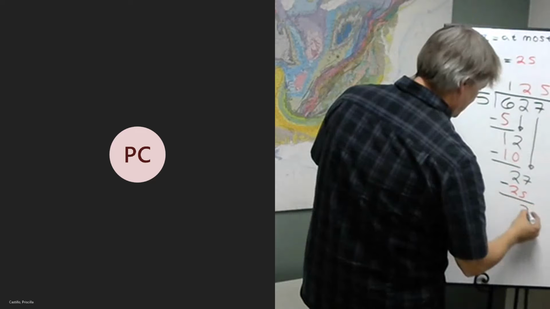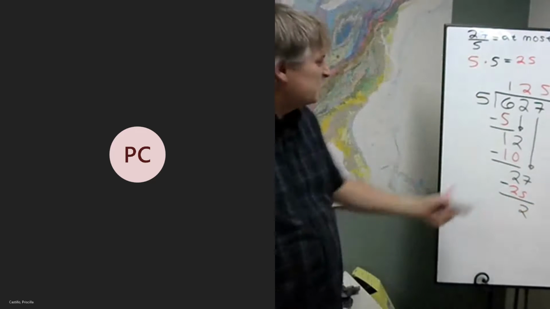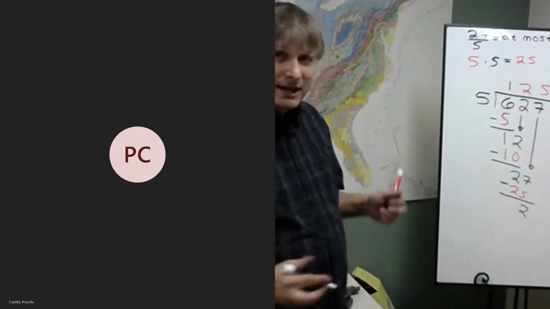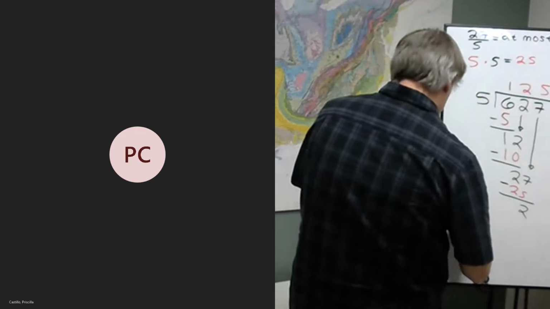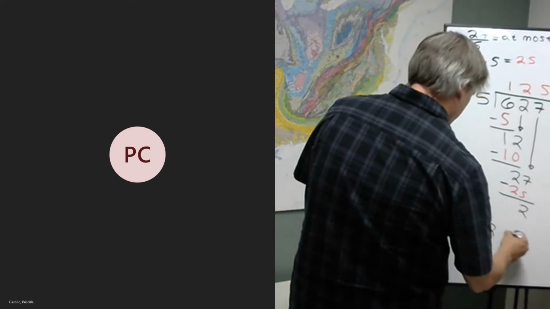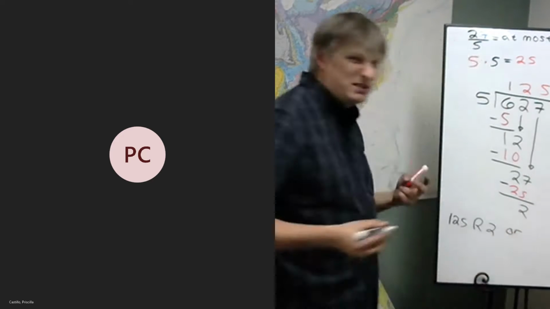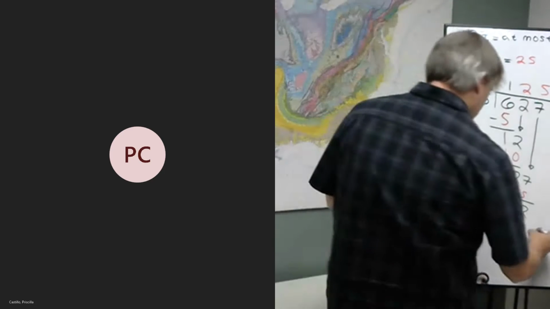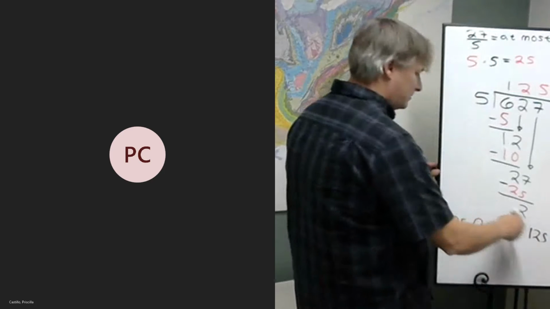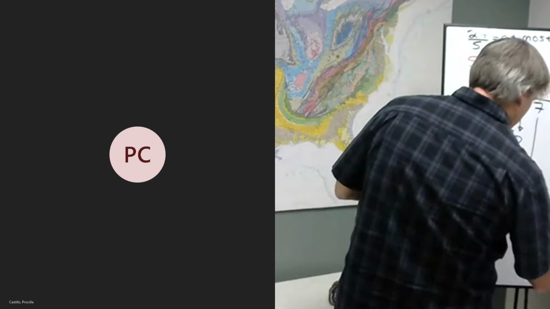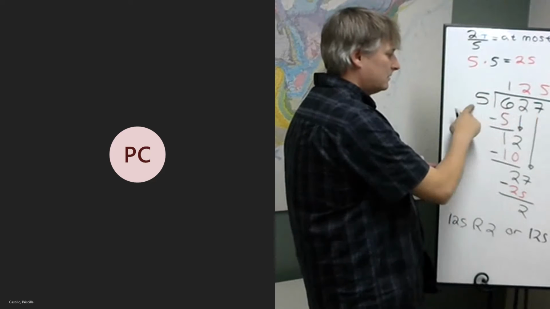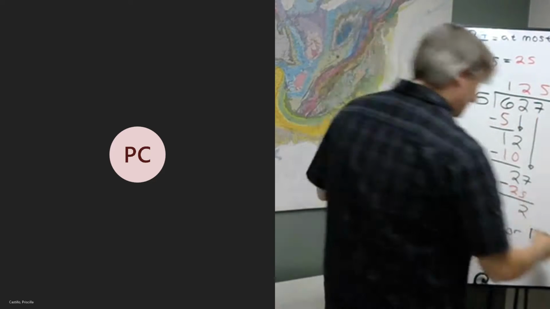Subtract, we have a remainder of 2, but there's nothing else to bring down, so we're done. So our answer is 125, remainder 2, or this is how we typically like to write it, 125 plus the remainder divided by, this is the divisor, this is the dividend, we divide the divisor.